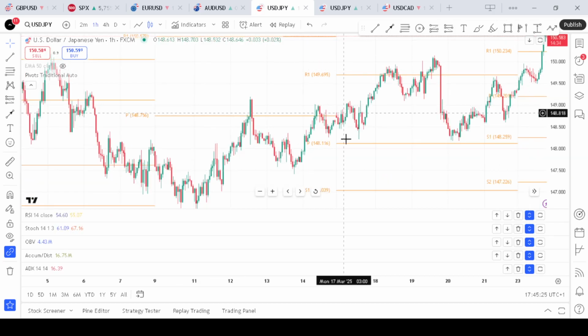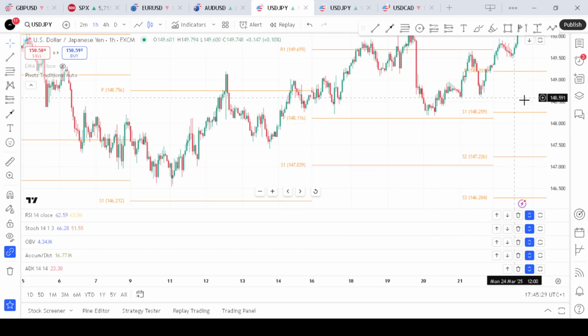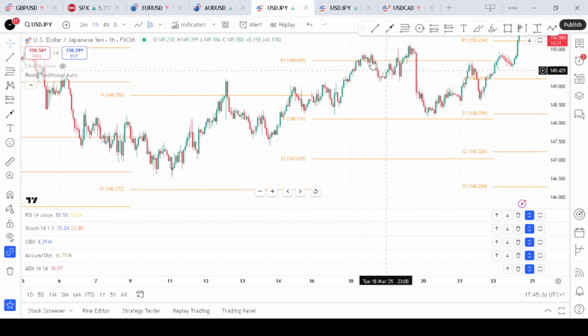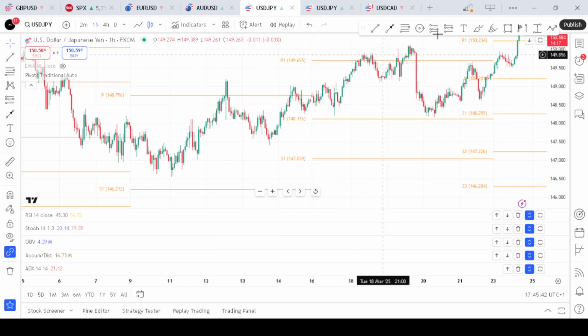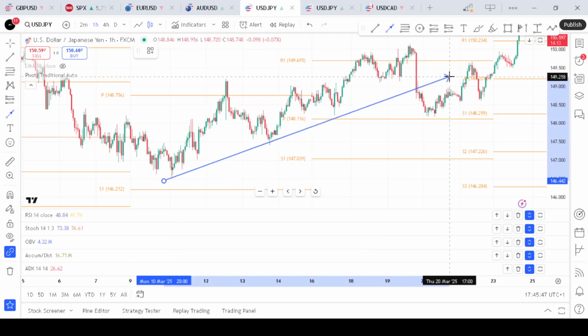Then we can confirm using our price action, because indicators alone are not enough. Like in this area where the indicator showed that we should be expecting a reversal, if we did not consider the market structure or the price action, we would have fallen for this trap. So we always have to analyze using our price action to know the overall trend.